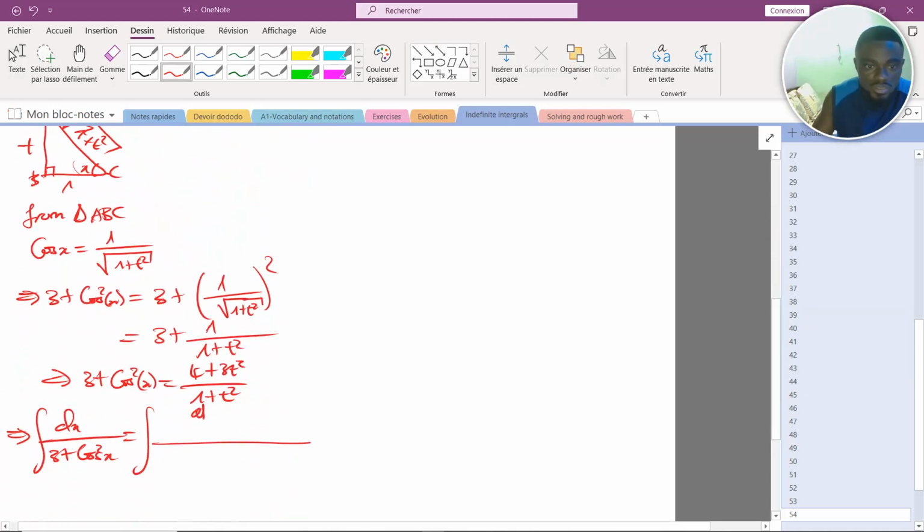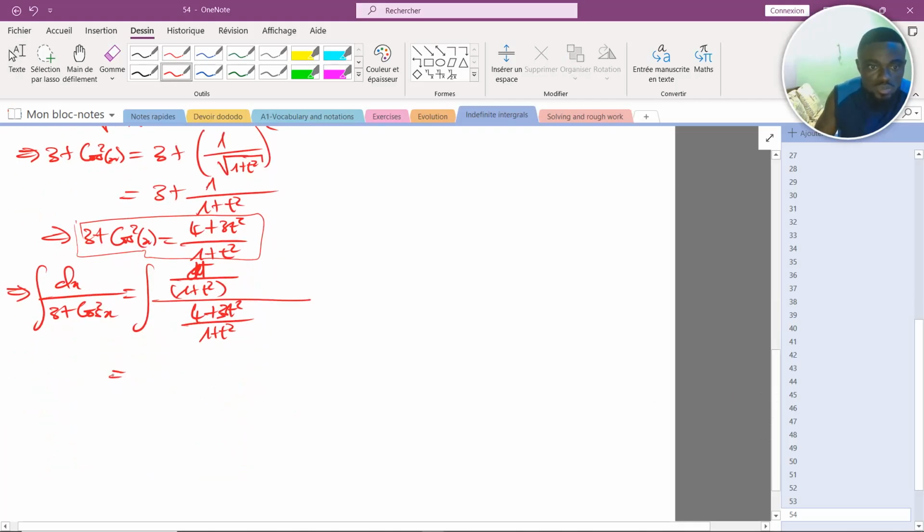So this is dt on 1 plus t squared all over this, where 3 plus cos square x was equal to 4 plus 3t squared all over 1 plus t squared.